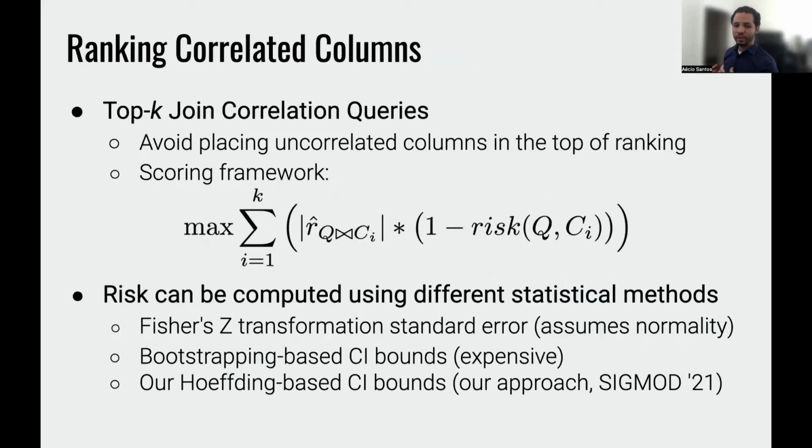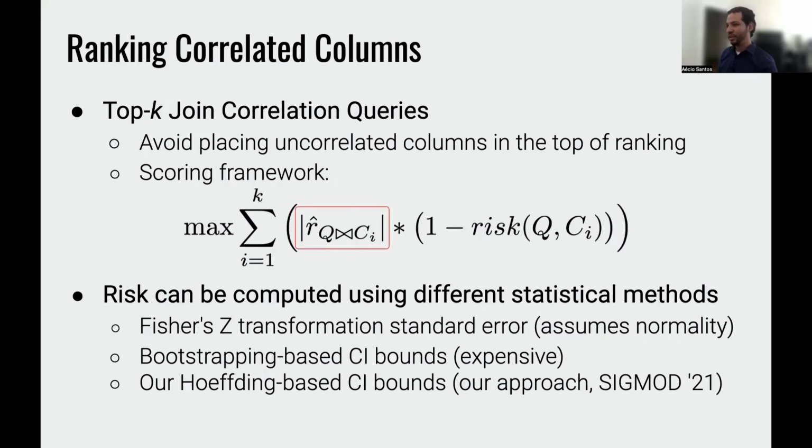Of course, if we use only these estimates for ranking the tables, we will have lots of false positives in the top. We have inaccuracies. So we derived this framework, which is a very simple framework, which instead of putting in the top of the ranking only the sketches that have the maximum correlation estimate, we apply a penalization factor based on the risk that these estimates are incorrect.